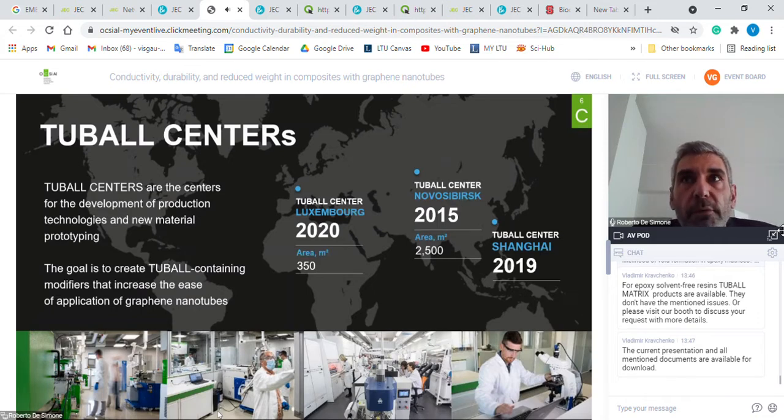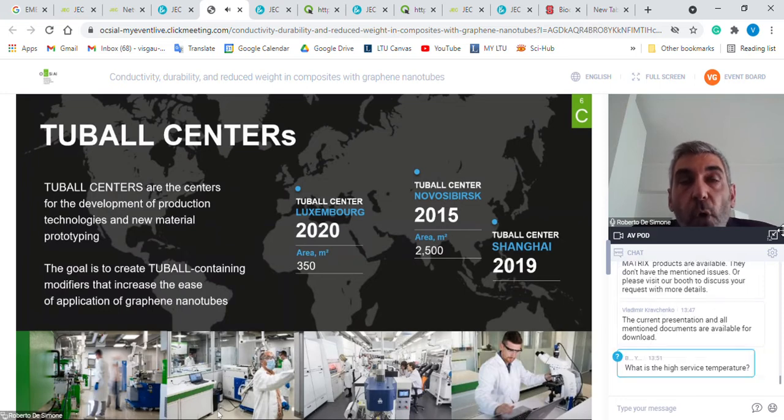Now we are able to support 100% of the development with different kinds of resin systems, like thermoset, but even thermoplastic elastomer, in our lab. On top of that, it's important to highlight that our TUBALL Research Center here in Luxembourg is able to disperse lab-scale concentrate for companies that don't have the right equipment, giving them the chance to test TUBALL, because there are processing guidelines to follow.